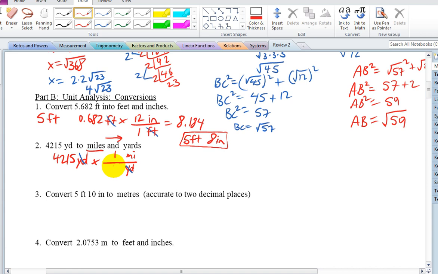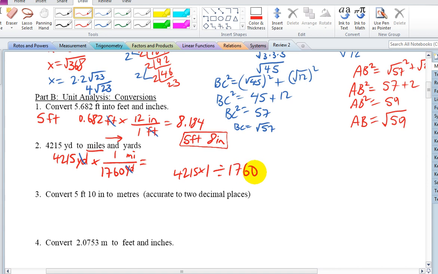Looking at unit conversions. 1,760, is that correct? Someone verify? Yep, okay, good. So in a calculator now, it's basically 4215 times 1 divided by 1760.